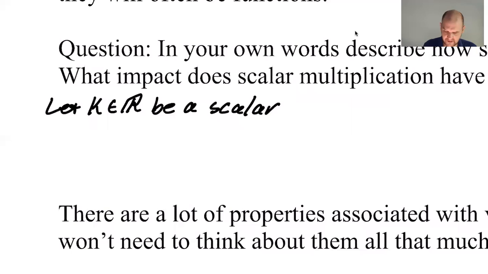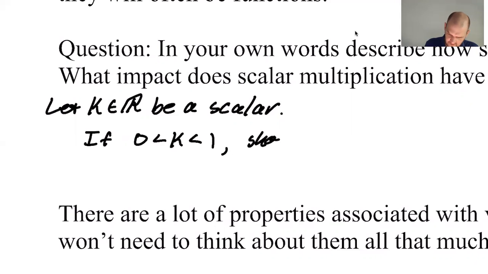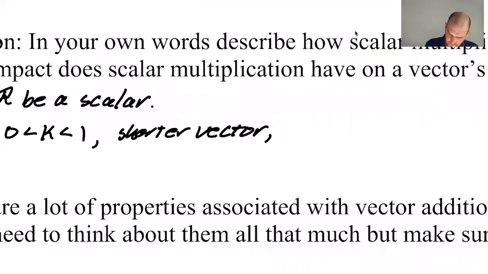So let k be a scalar. If 0 < k < 1, you get a shorter vector, same direction.